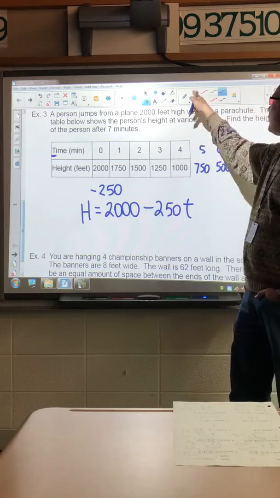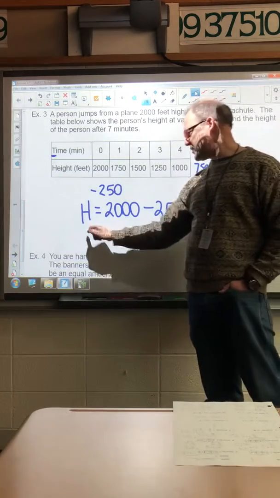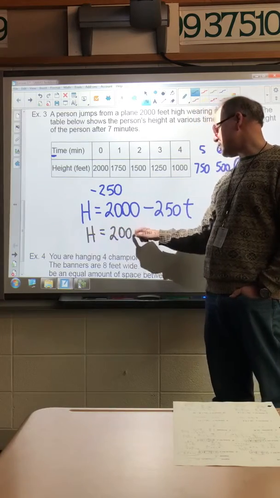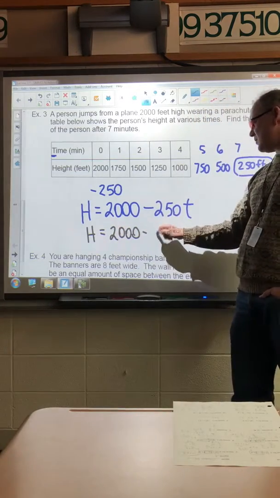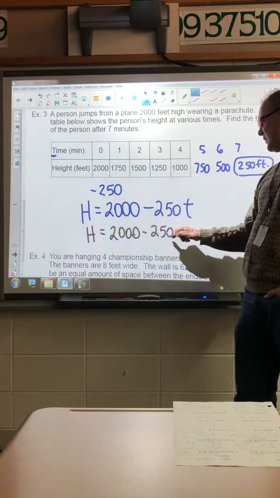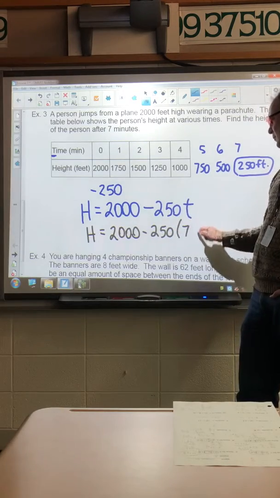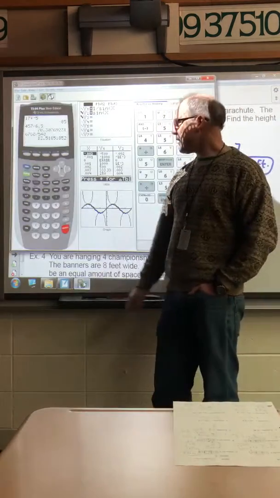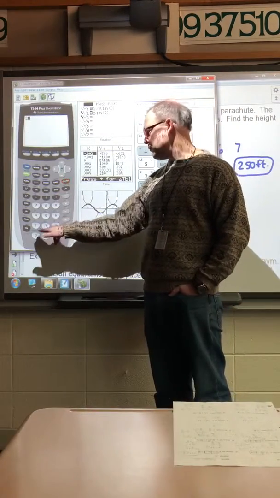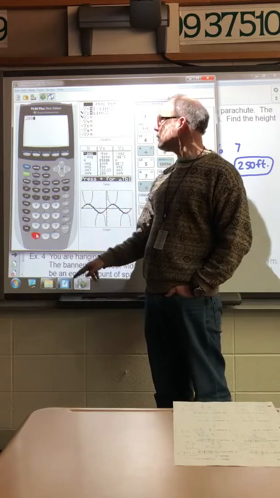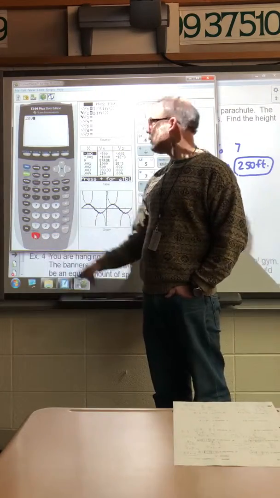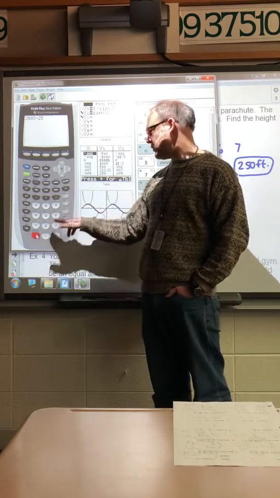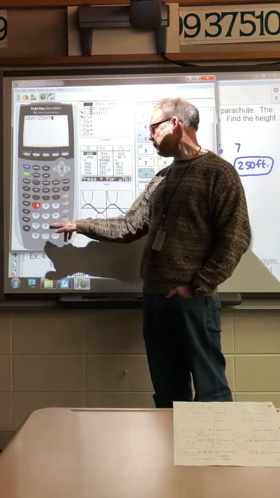So to figure out after 7 minutes, using this equation, it would be 2,000 minus 250 times 7. Type that into your calculator. 2,000 minus 250 times 7.